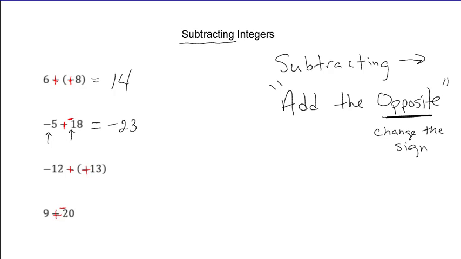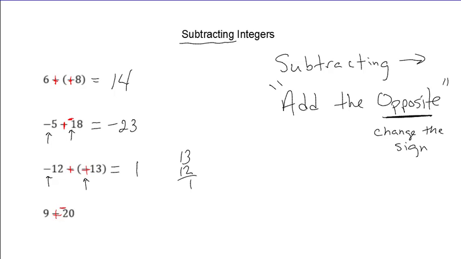This next problem, which started off as negative 12 minus negative 13, became negative 12 plus 13. So now I'm adding two numbers with different signs. I've got a negative and I've got a positive right here. And so what happens when I add numbers with different signs is you take the difference. The difference between 13 and 12 is 1.